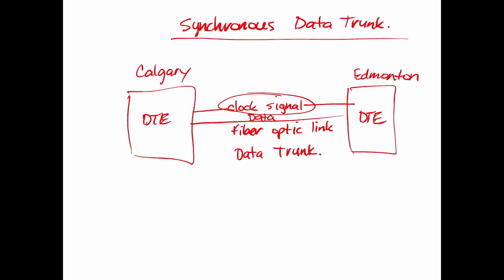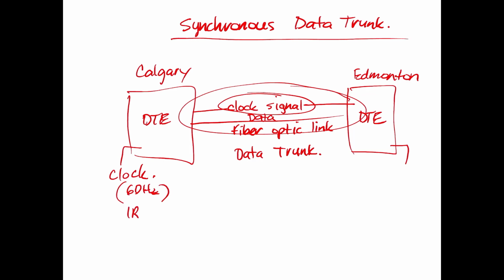So sometimes it's not actually in the communications at all. It's at each DTE, a separate connection to a clock. But a lot of times it's another clock signal that's sent alongside the data, and it's received as a separate connection and transmitted as a signal from one DTE to another. But like I said, you could use the 60 hertz power system for synchronization. You could use something called the IRIG system for synchronization, or other internet-based synchronized clocks.